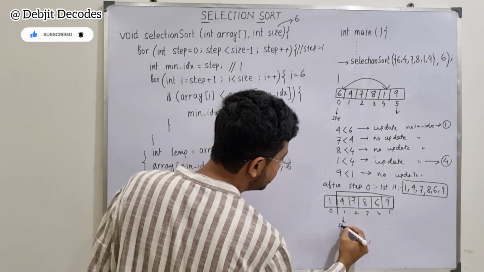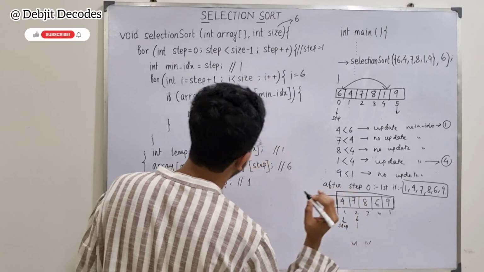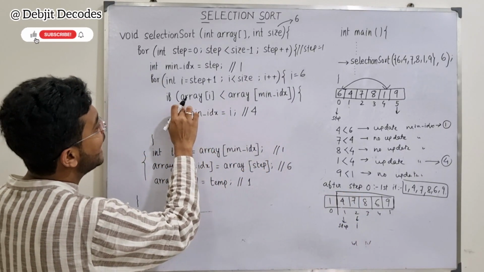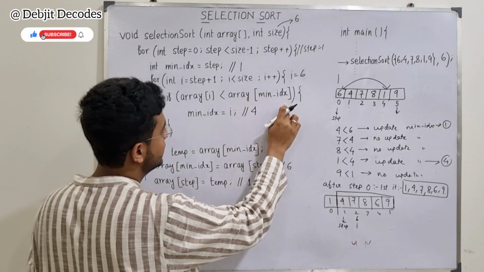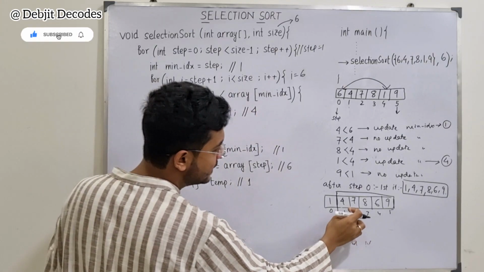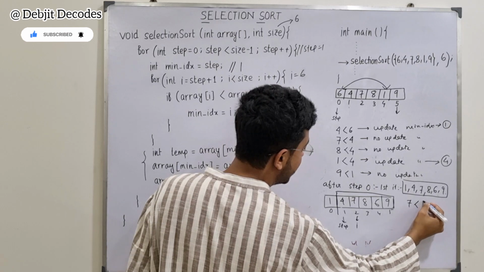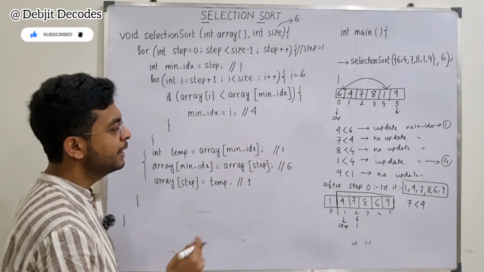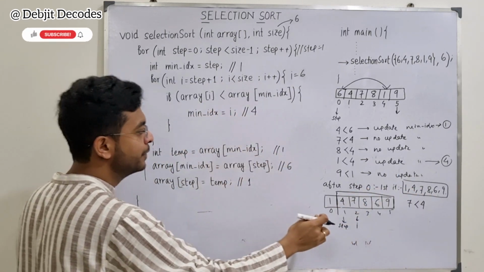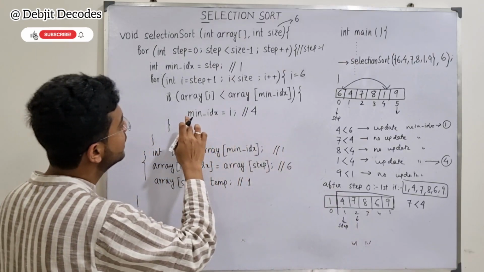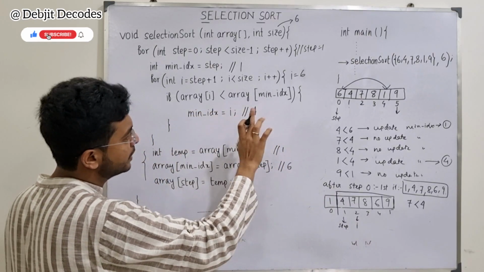Step is here, so i will be here. So it will be checking again: array of i is less than array of min index. So what is array of i? Array of i is this one, 7. So it will first check whether 7 is less than 4. 7 is less than 4 is not satisfied, so min index remains here. So there is no update.